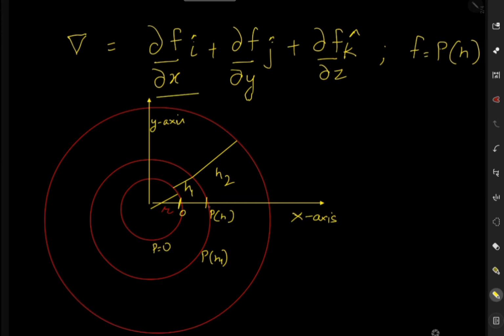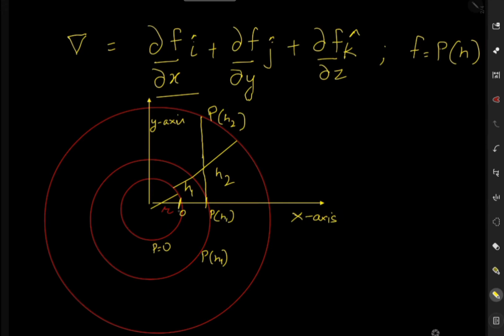But if we move further from here in y direction, there will be potential P(h2). It will be added in this potential because from our reference point, 0 to P(h1), after moving this distance h, we have gained P(h1) potential.